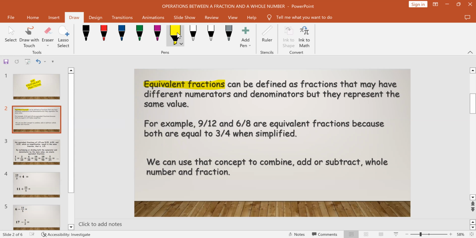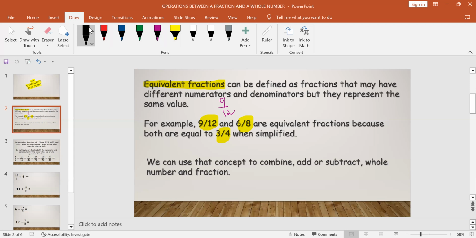For example, 9/12 and 6/8 are equivalent fractions because both are equal to 3/4. Which means what? If you take 9/12, we can simplify 9/12 to get 3/4.